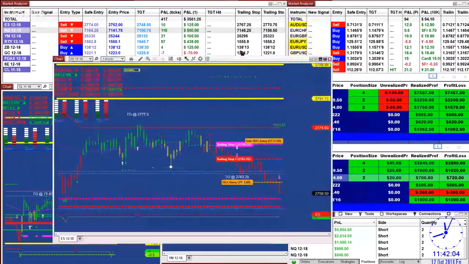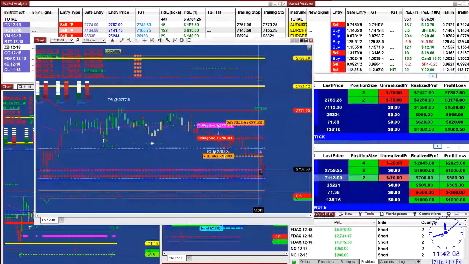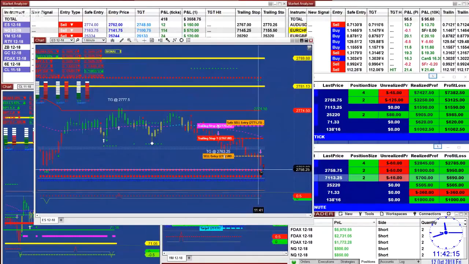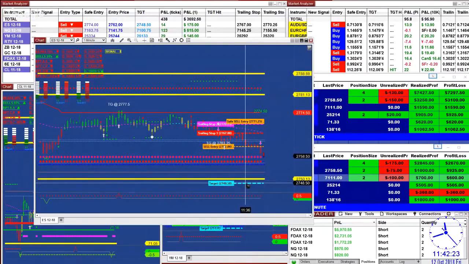So it's up to you how you want to do that. But whoever follows that ES trade, you have two options. Now you got around 15 ticks on that trade. You can close it. Or if you want to stay longer, because today is a Friday, it could be possible we're going to be hitting the target 48.50. So that will be your lucky day.